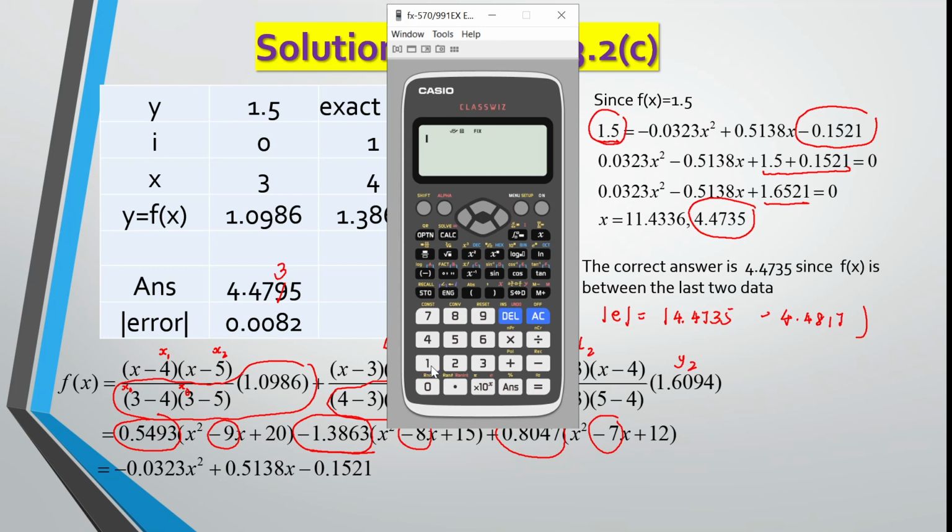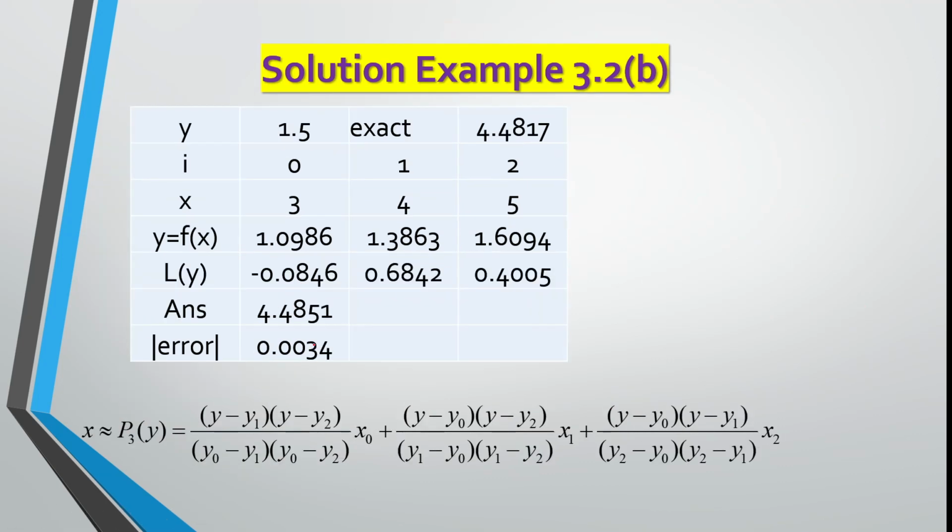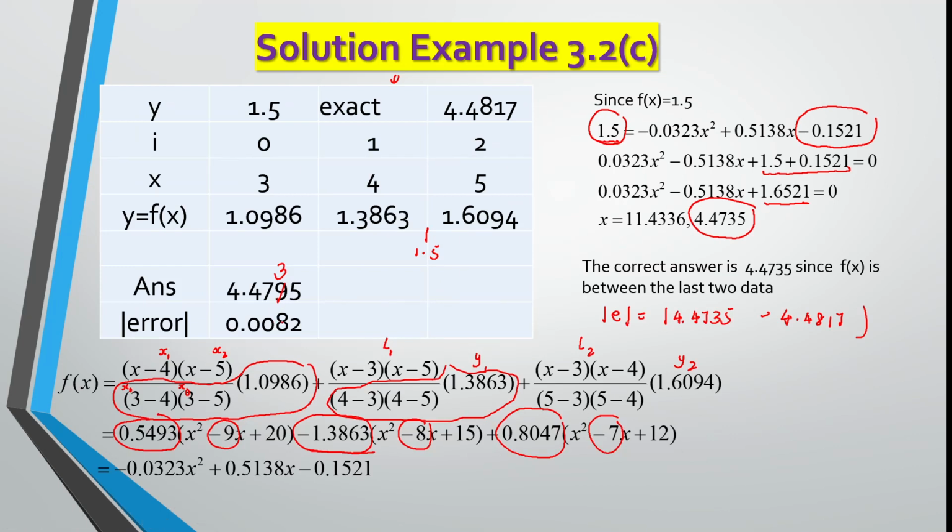Mode number 1. So you have 4.4735 minus 4.4817. Take the absolute value, 0.0082. This is a typo here, so the absolute error is 0.0082. Compared to just now, using the inverse in this case is smaller, 0.0034, and this one is 0.0082.